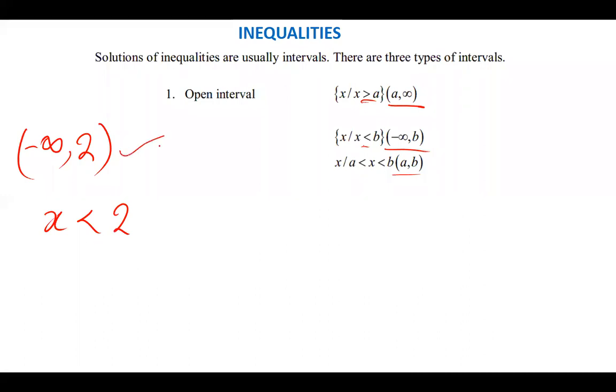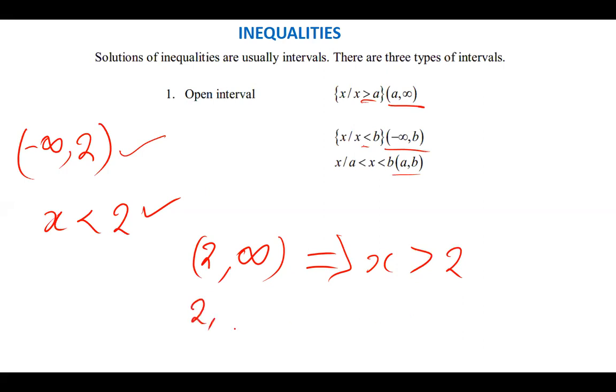So this and that are simply the same. And if you have (2, positive infinity), this one is just the same as x is greater than 2.